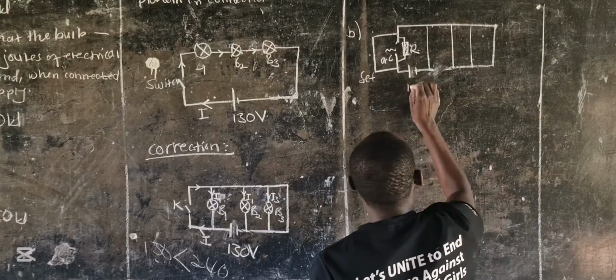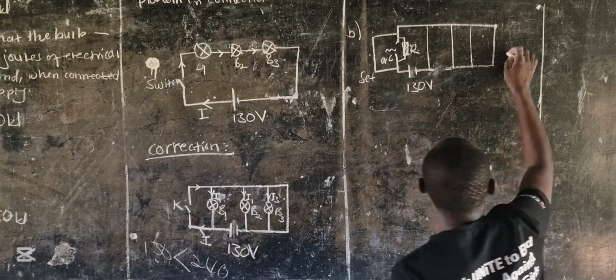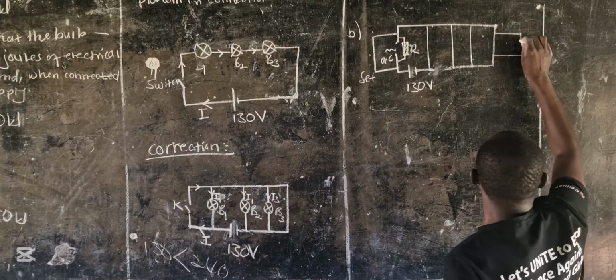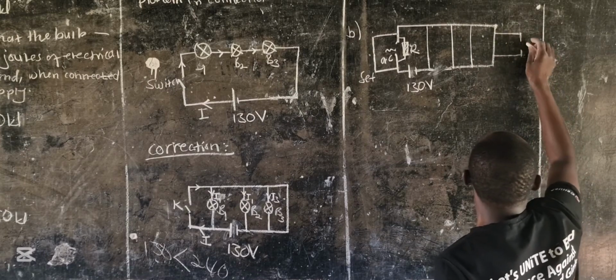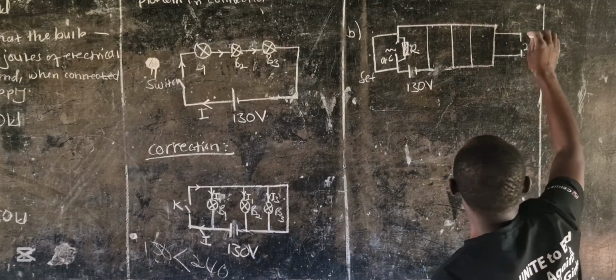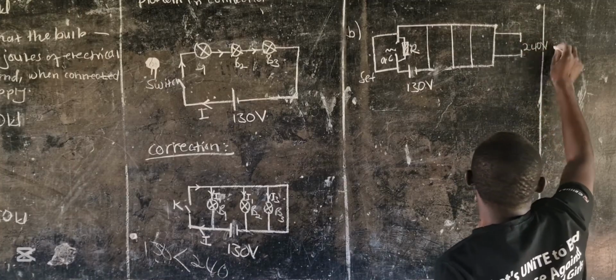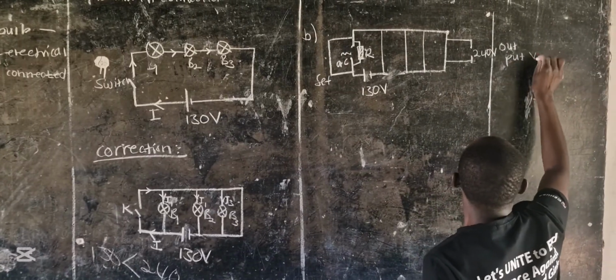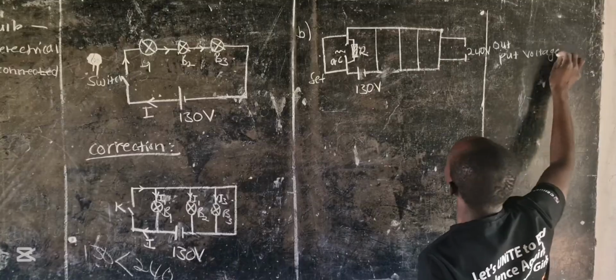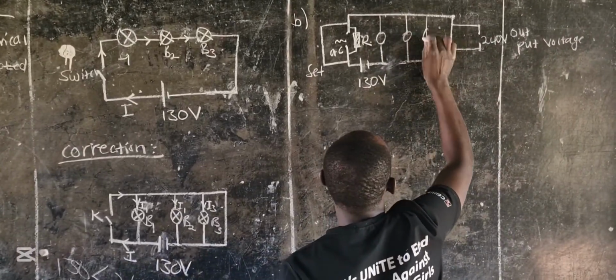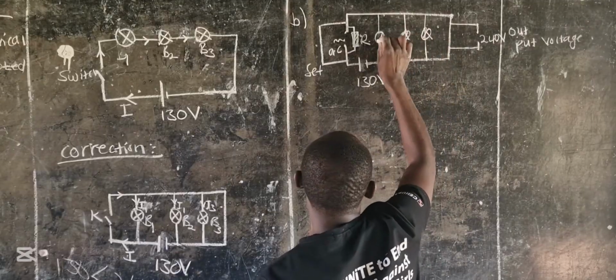Then this is the 130 V that we want. Now the output voltage will be this side, and that will be 240, such that it matches with the bulb's ratings. So this is output voltage. My bulbs are here, like that.